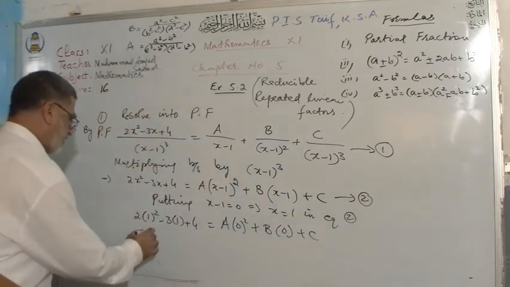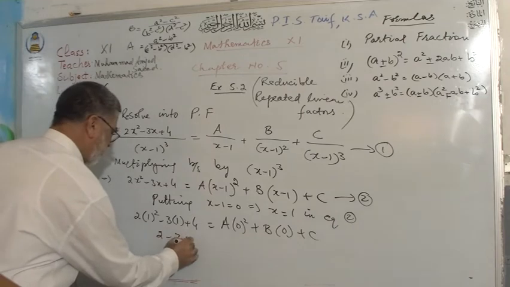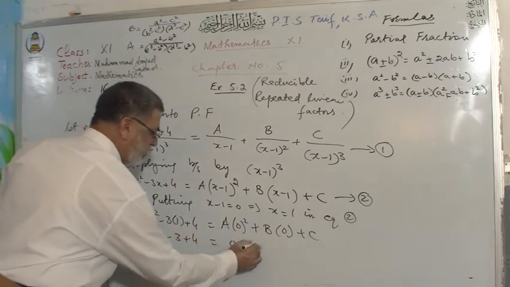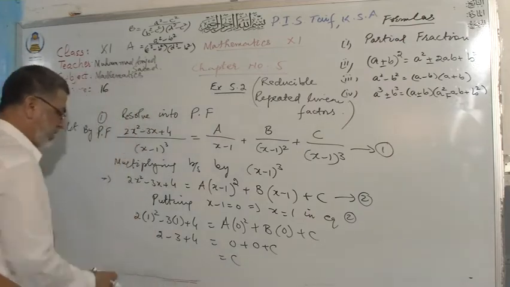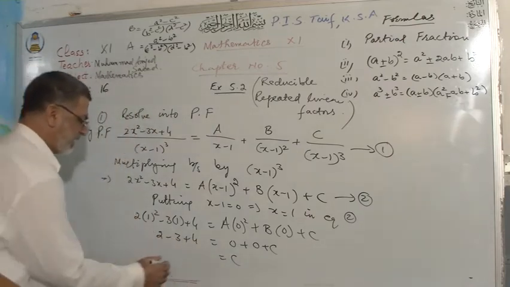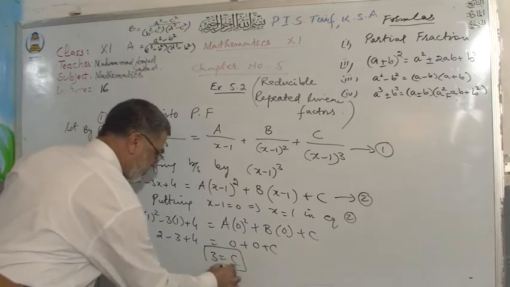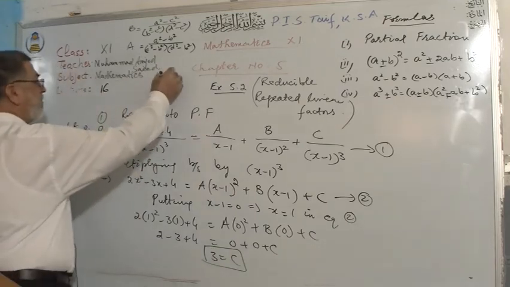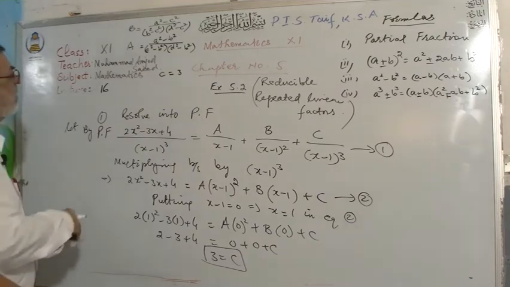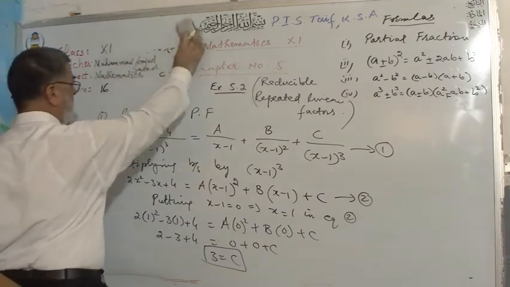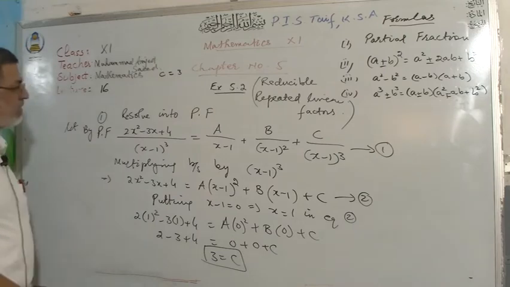So we are left with 2 minus 3 plus 4, that will be 0 plus c, and here c is equal to 4 plus 2 is 6 minus 3 is 3. So you have c is equal to 3. This is our one constant.